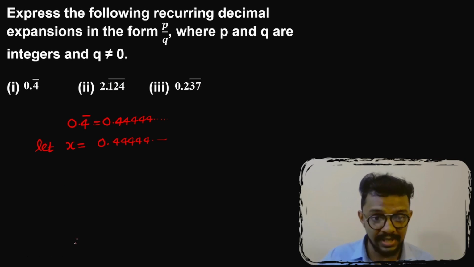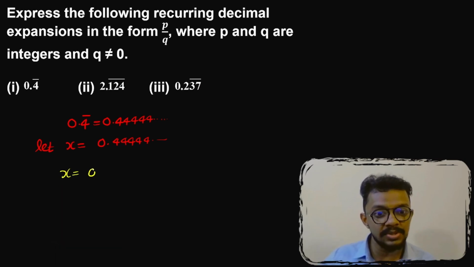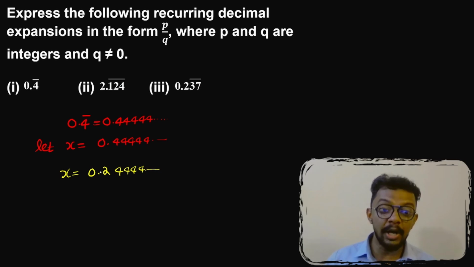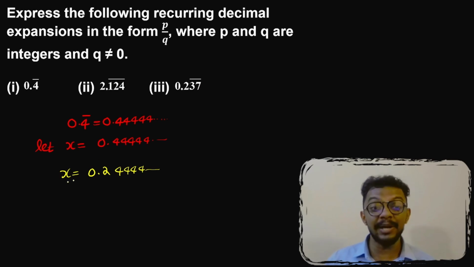Suppose the question was x equal to 0.244444 etc., where after 2 only the 4 is repeating. Then I need the decimal to be just before this 4, so I have to multiply by 10, moving the decimal one place to the right. So I will multiply 10 on both sides.